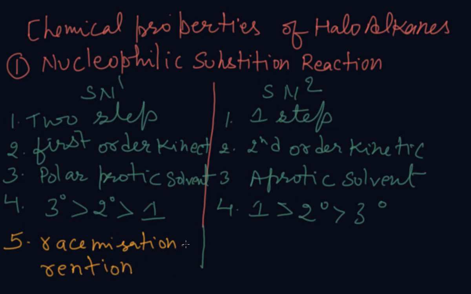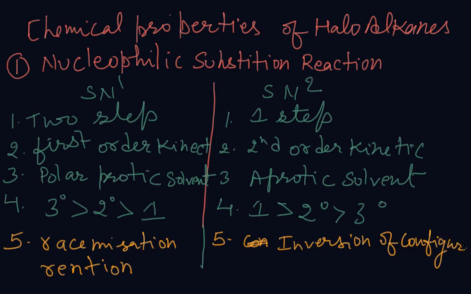I am going to explain this also. And in SN2 there is only inversion of configuration. I am going to explain this reaction now. These are very important, you must take care. First go with the differences, then I will come to the points and reactions.